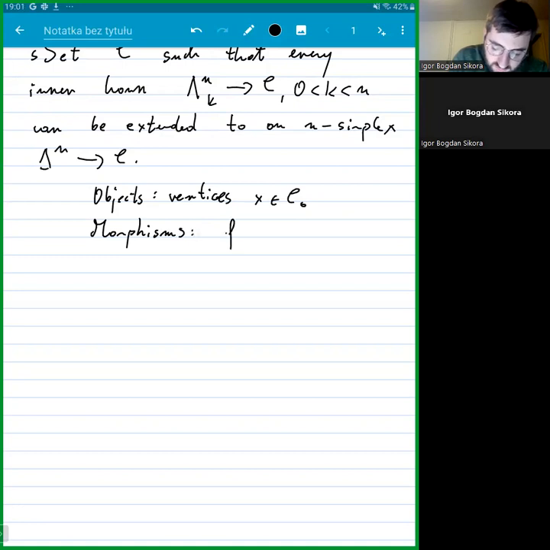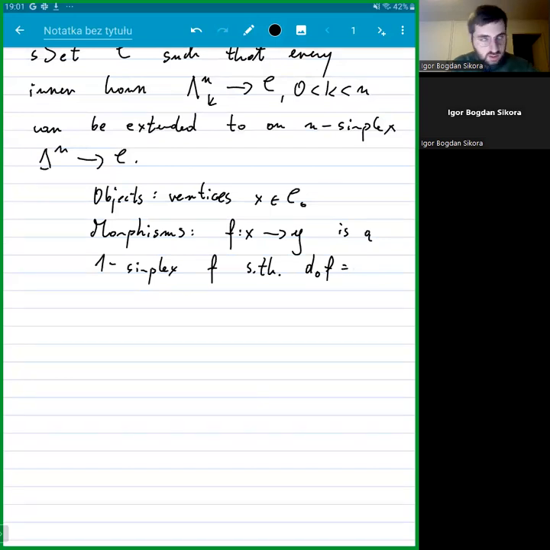A morphism from object X to object Y is a one simplex F such that d0 of F is equal to Y and d1 of F is equal to X.